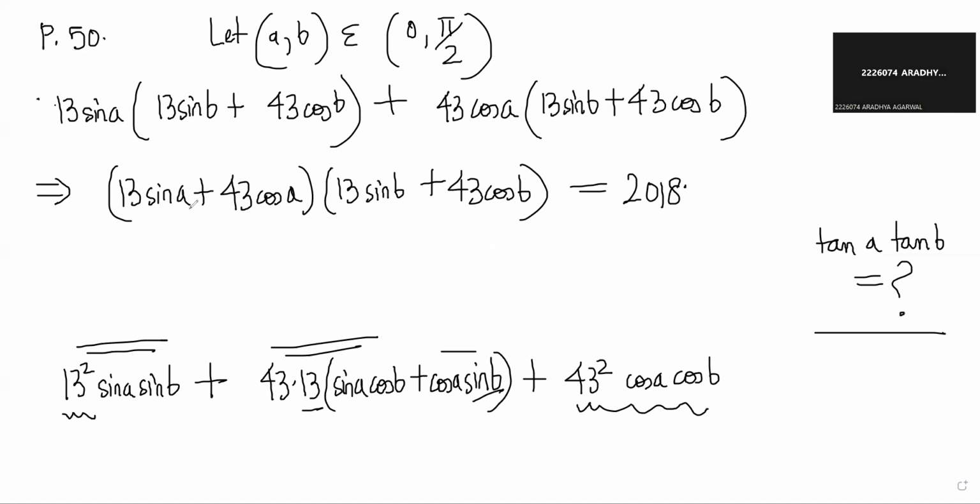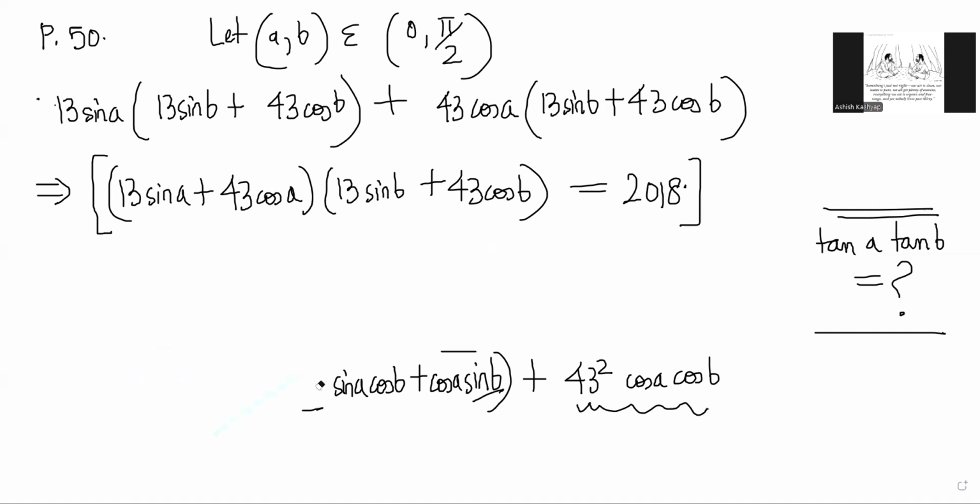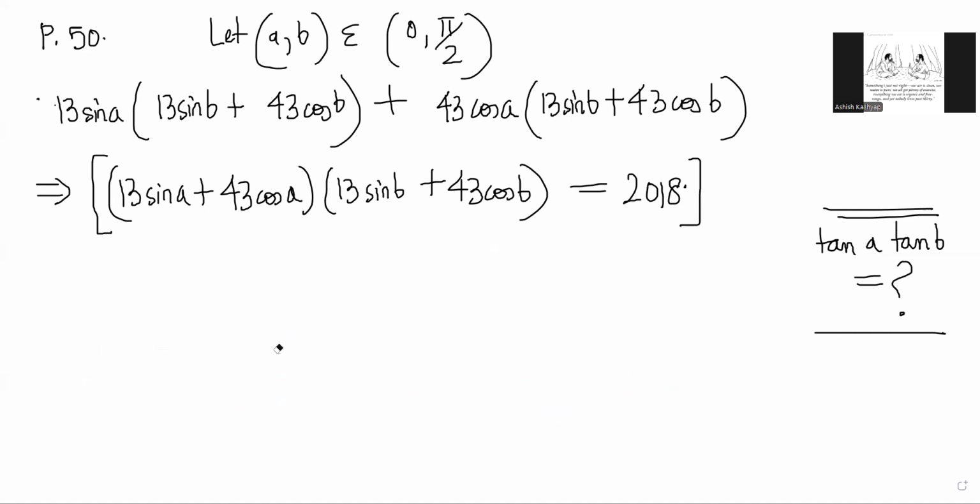Yes, sir. Now think about the question. Now what will you do? You have to find out tan A tan B. I have done the initial part of it. Now think about it. What can you do here? One important thing to notice here is 43 square plus 13 square.